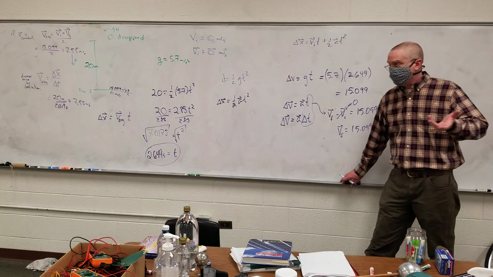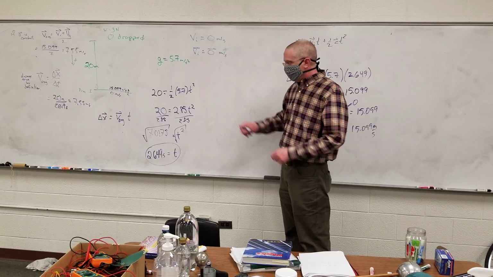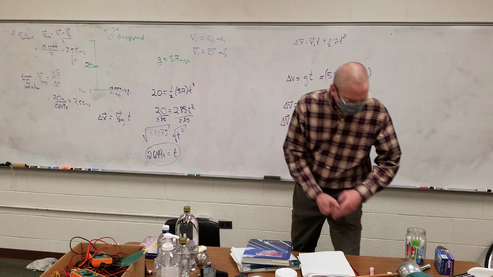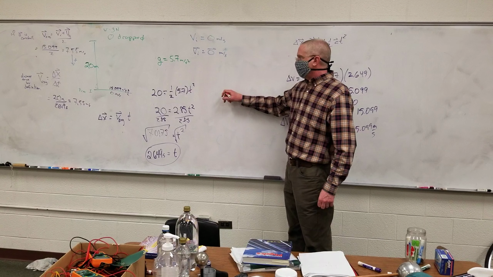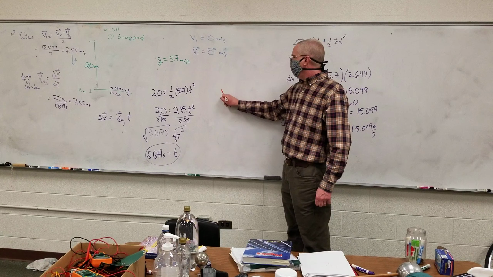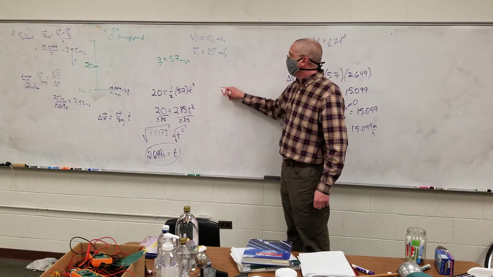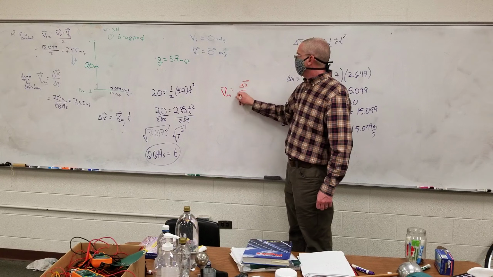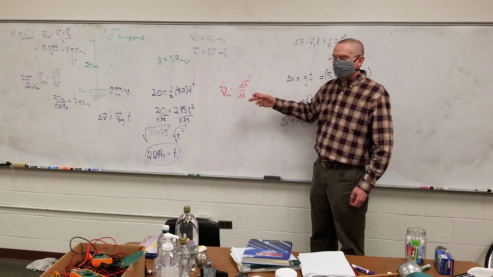The formula we're working with there is that the average velocity is displacement divided by time. We know average velocity, we know displacement, it's a matter of solving for time.